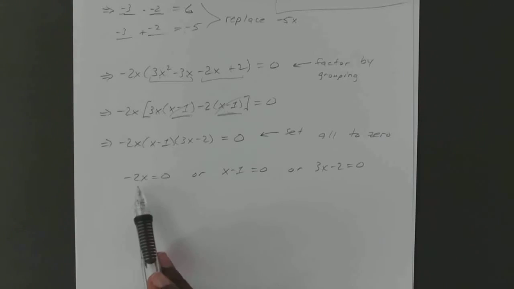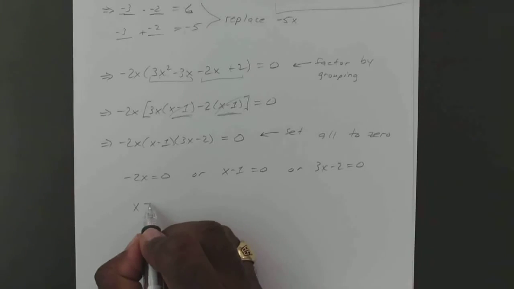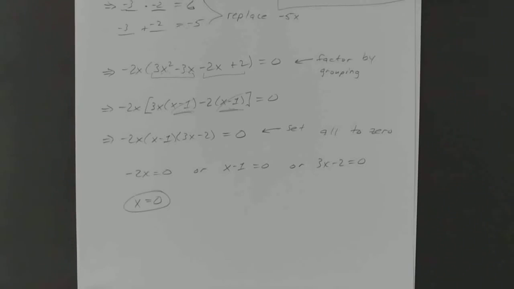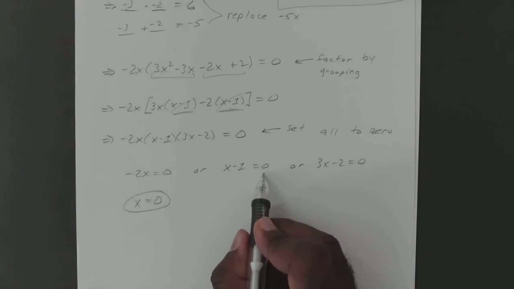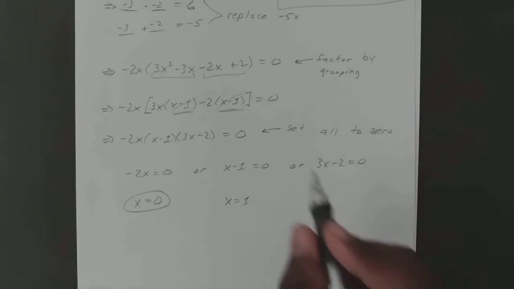Okay. Here you divide both sides by negative 2. 0 divided by negative 2 is just 0. Okay. For this one, you add 1 to both sides. You end up with x equals 1.